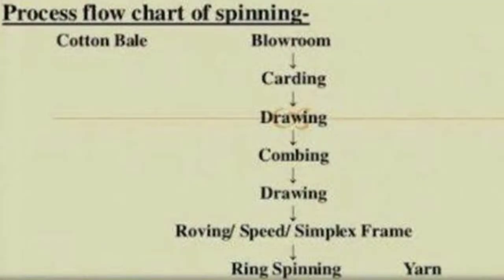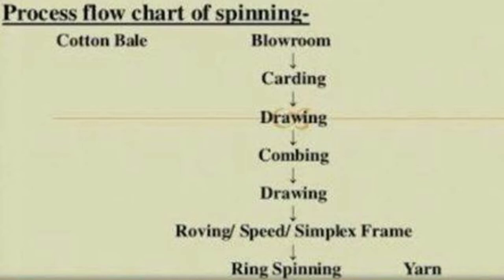First stage is the blowroom section where opening and cleaning of fibers is done. From blowroom section it goes to the carding section. In carding, individualization of the fiber is done. From carding section it goes to the Kumbar section where the formation of sliver, parallelization of sliver and removal of short fiber is done.